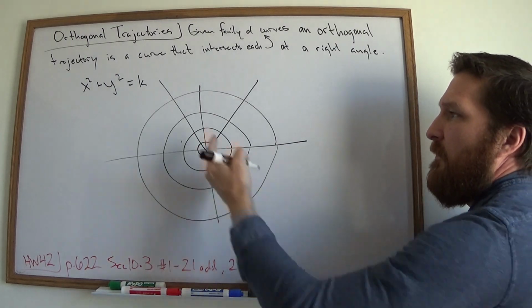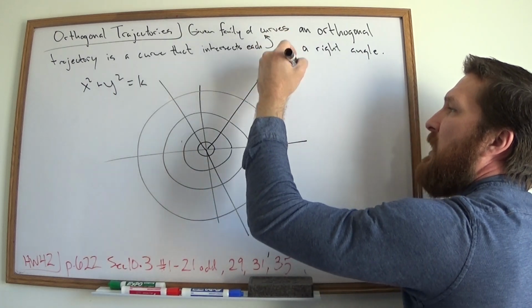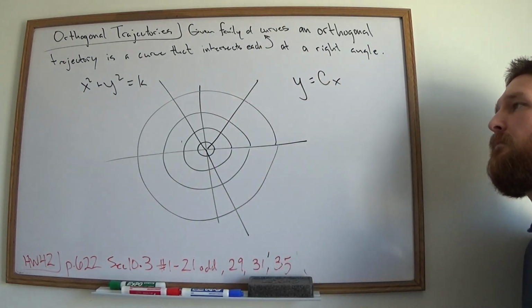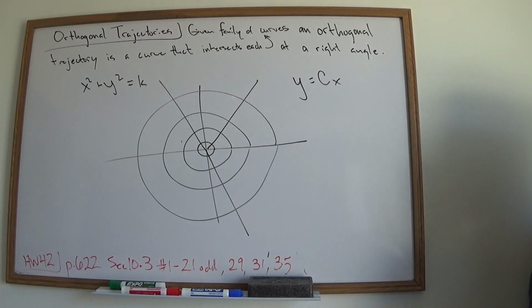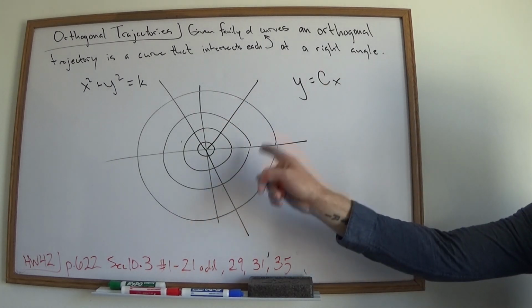Turns out that for this family of curves, orthogonal trajectories to it all have the form Cx, where C is some constant. You give me any constant, and this thing will intersect those at a right angle.